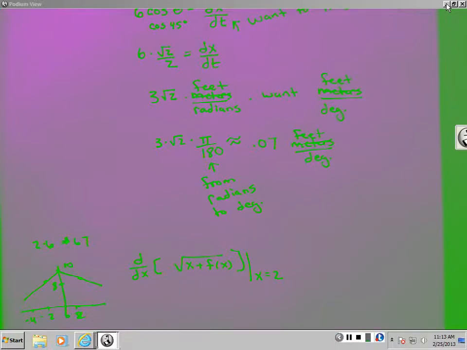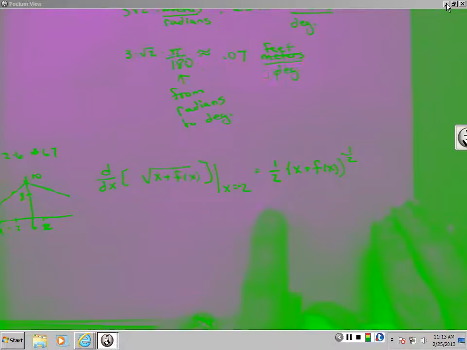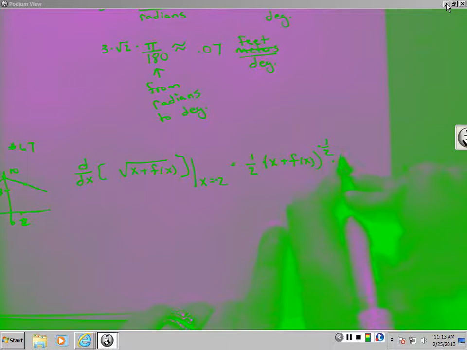Okay, so now I need to differentiate this function and then plug in -2. So what's the derivative of the outside? 1/2. Right? Derivative of the outside evaluated at the inside times the derivative of the inside, which would be 1 plus f prime of x.